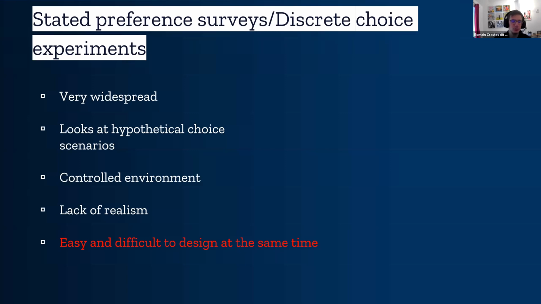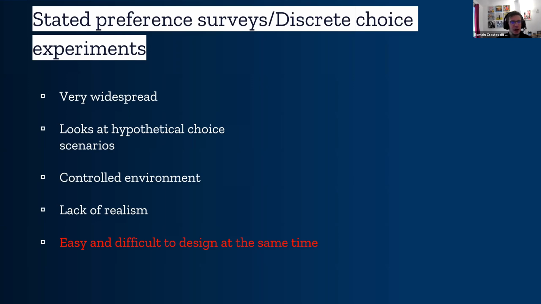There is also one issue with the fact that this is both easy and difficult to design at the same time, because nowadays you've got software such as Ngene, which is very good for generating surveys. However, that doesn't mean that the survey itself is going to be good. It's easy. It doesn't require programming anymore, or not much of it.